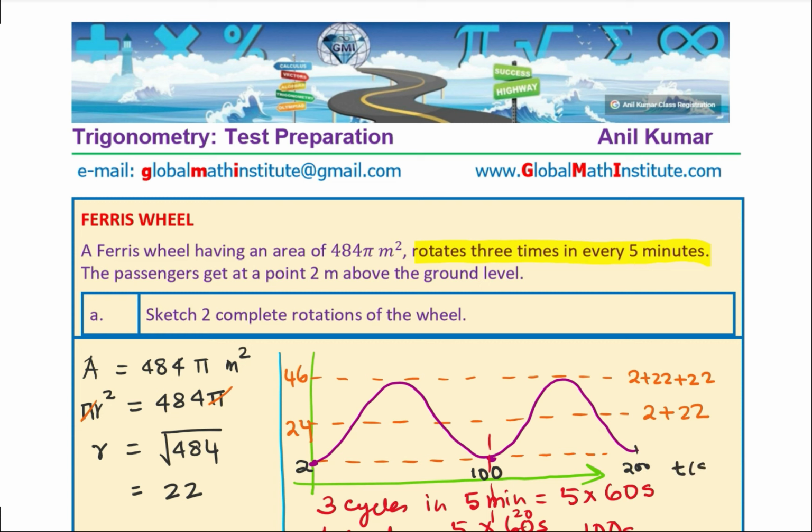Time in seconds. Is that clear? And height in meters. So that is how we can sketch the two cycles, right? So that part has been done. Let's move on to the second part. I hope it is absolutely clear. So the idea is, from the given area, find the radius, and then looking into the question, sketch.